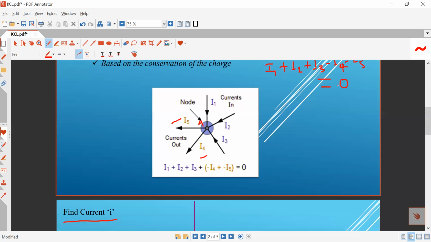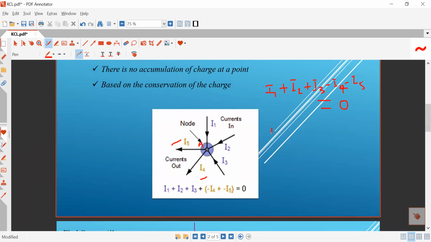And you can write this expression as I1 plus I2 plus I3, which will be equal to I4 plus I5. So you can modify Kirchhoff current law, and you can say the total incoming current at point A will be equal to total outgoing current from the point A. So in this way, you can modify Kirchhoff current law.